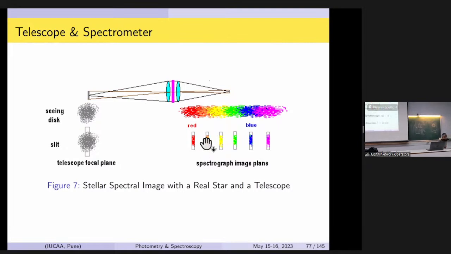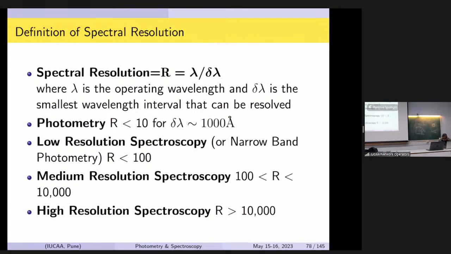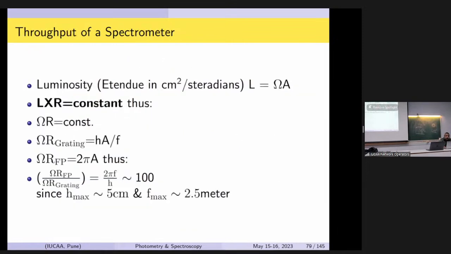So now let us start defining some basic definitions of spectroscopy. Now, the first thing is resolution R, which is lambda by delta lambda. Lambda is the central wavelength. So we saw the previous plot.